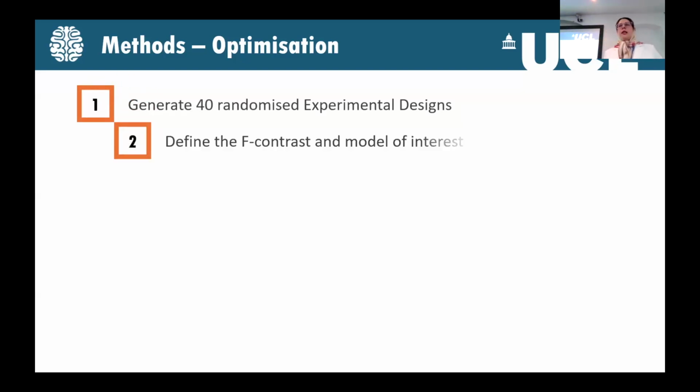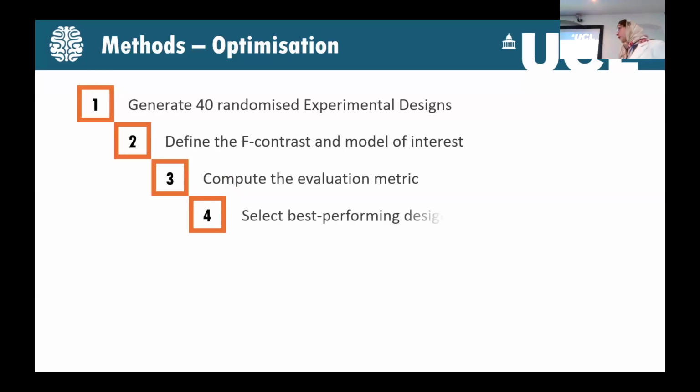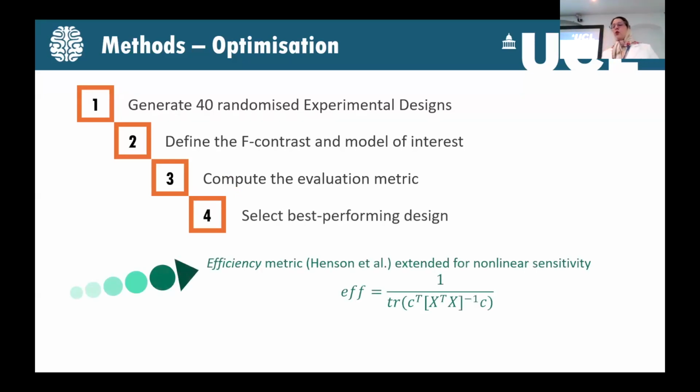We then defined the contrast and model of our interest, computed the evaluation metrics, and selected the best performing design. For the evaluation metrics, we use two metrics. The first is called efficiency, which is related to the T statistics, and it was originally introduced by Rik Henson and colleagues for the GLM.